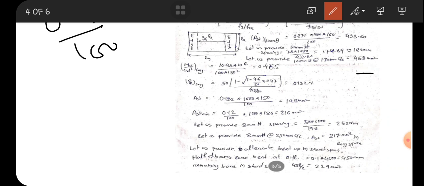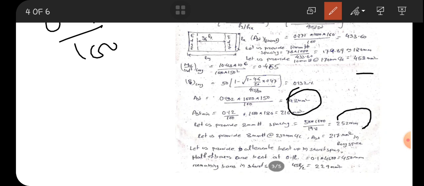As here the long span is not taking maximum moment, the Ast in long span is coming around 198 mm square, and if we assume 8 mm bar diameter, then spacing is coming around 252 mm.